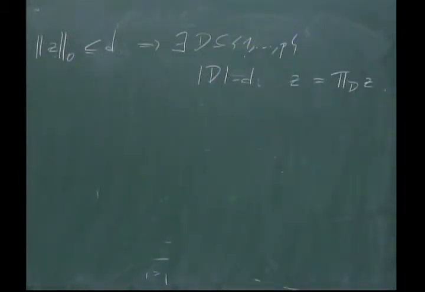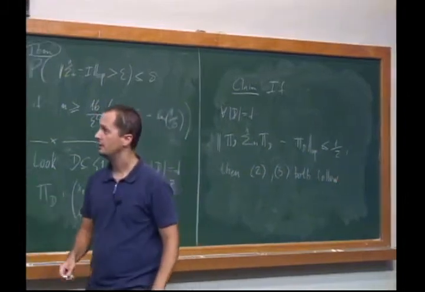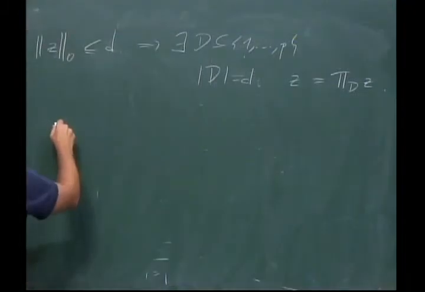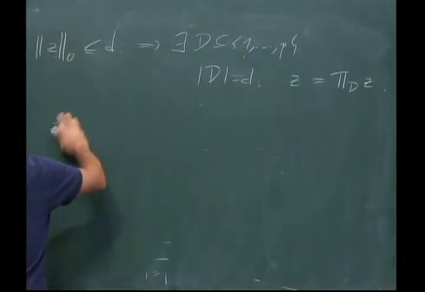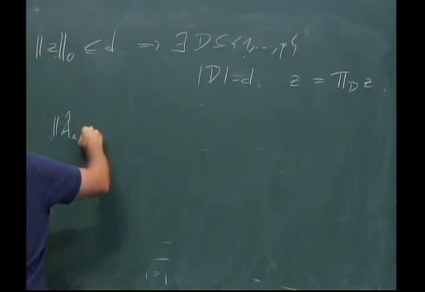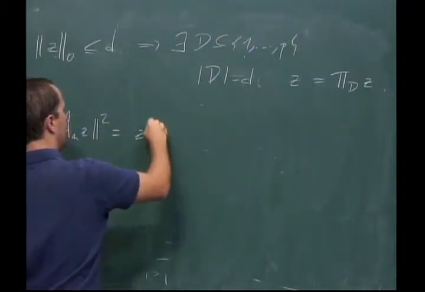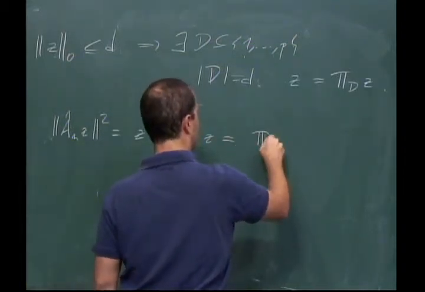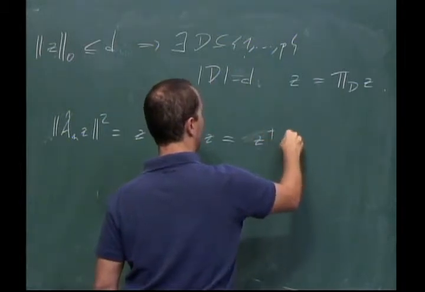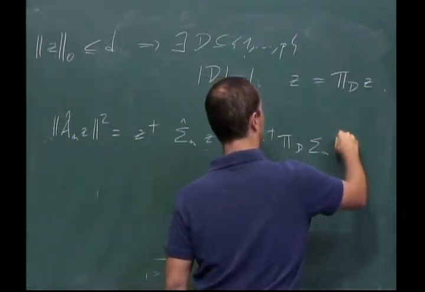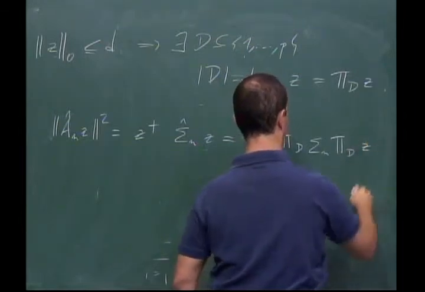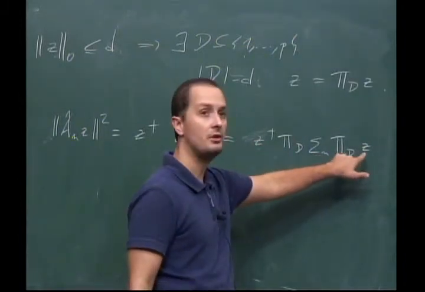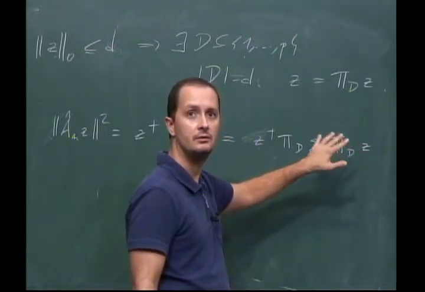Now, let's assume that you have this thing here. So notice that this a hat n z squared is just z inner product sigma hat n z. You can just place the projection operator here. This is just saying that multiplying z by this projection operator doesn't change it. Is this okay?